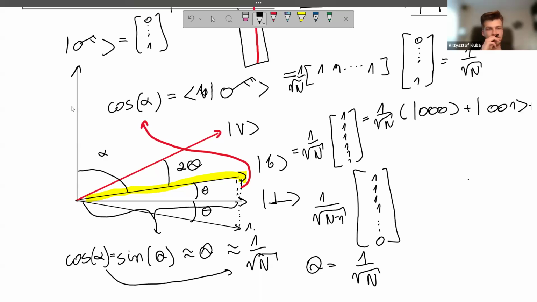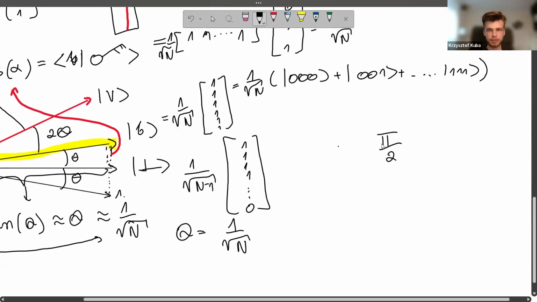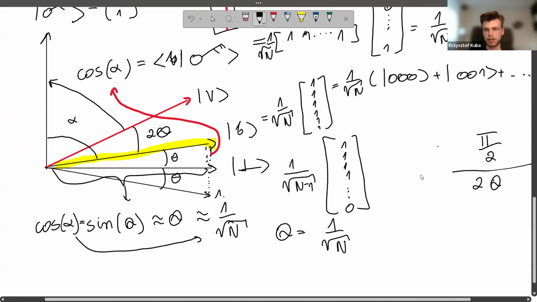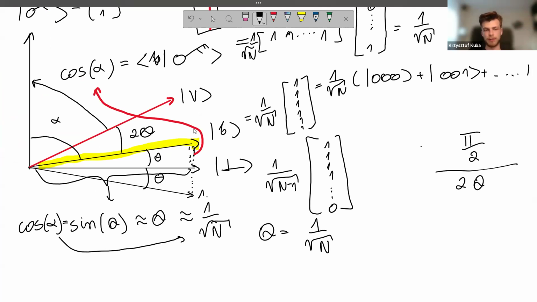So the question is, how many steps do we need to get from here to our key? The answer is pi over 2 divided by 2 times theta, because one step of the algorithm, mean reversion and phase flip, transfers us as if it was a rotation of 2 theta.